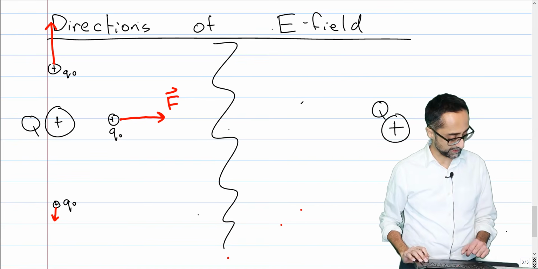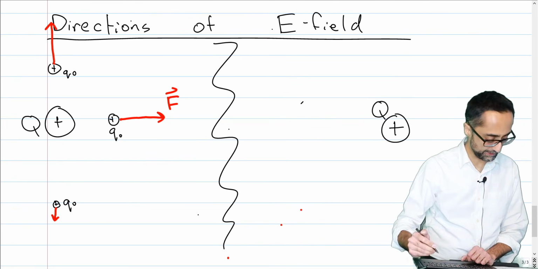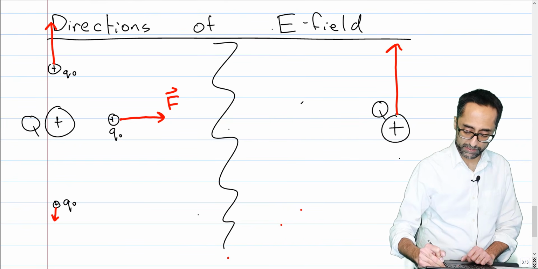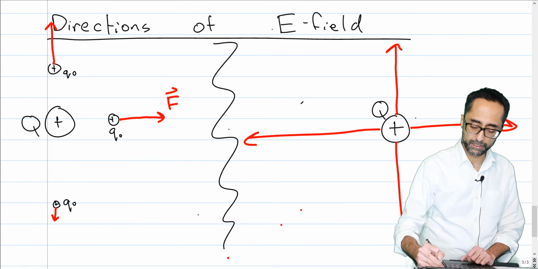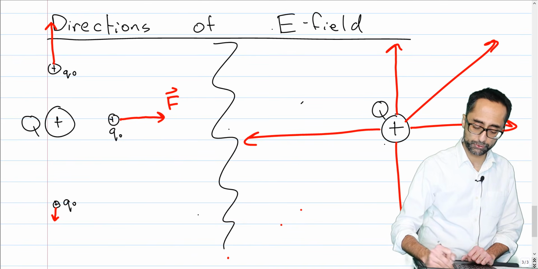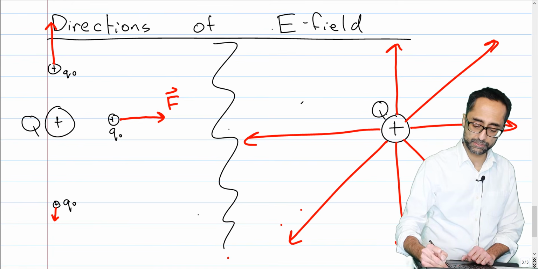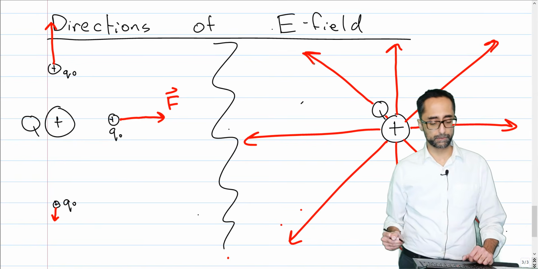The same thing happens for our plus Q behind me. We're going to draw all the electric field lines, but we can only draw them in two-dimensional space. You're going to have to imagine the third dimension yourself, out of the page, into the page, and even diagonal.